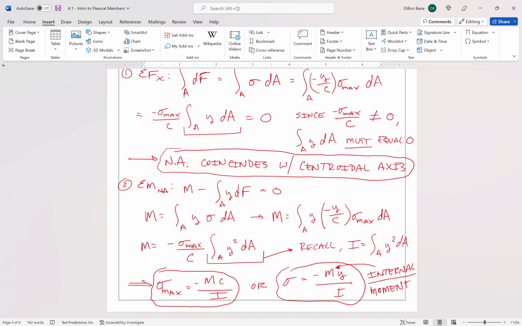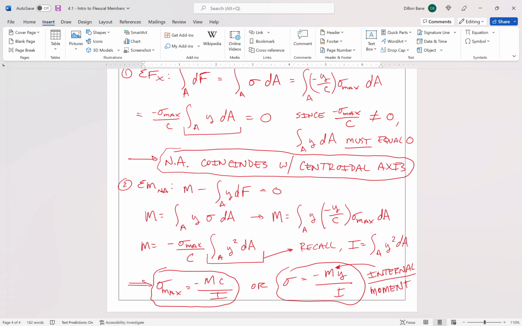So how do we find internal moments? We find those from the shear and moment diagrams. We have a beam, and then we draw our shear and moment diagrams. The value of the moment along the length of the beam is what goes into this equation. It is the internal moment.